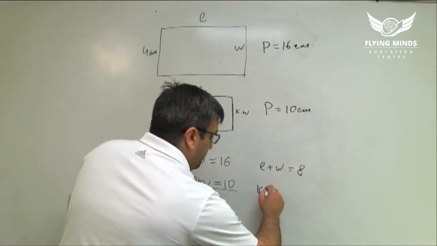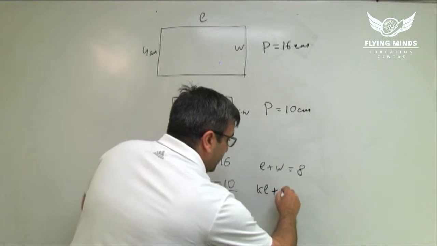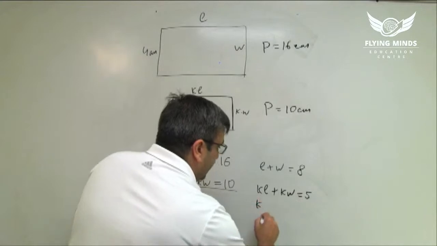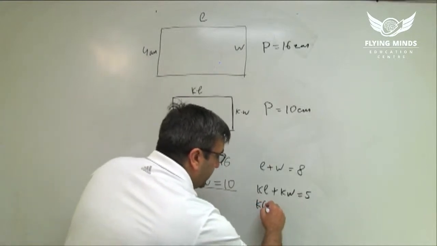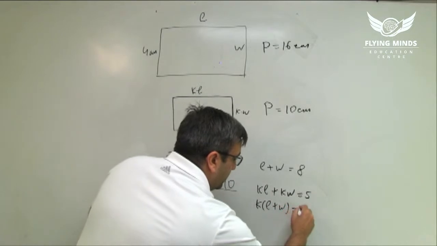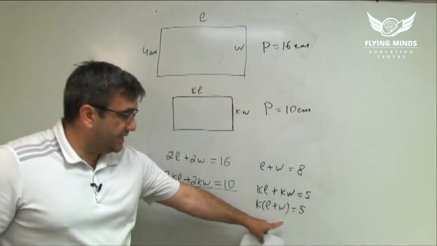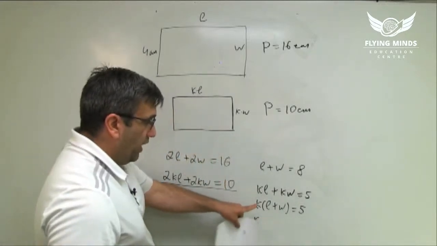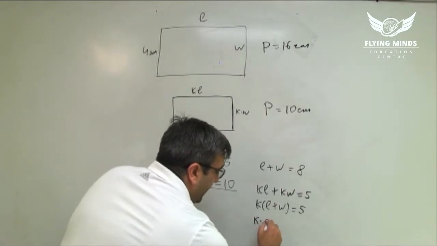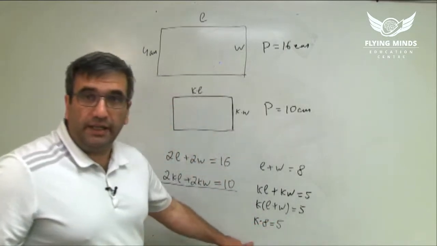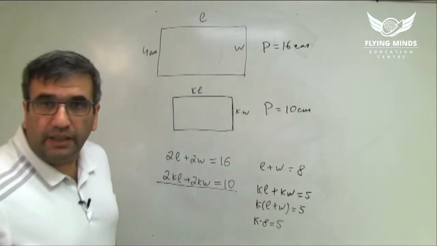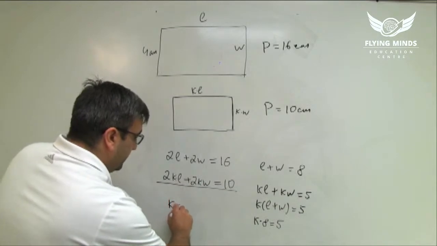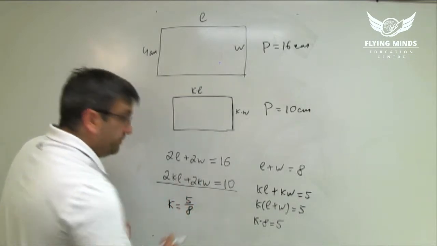So KL plus KW equals 5, and K we can take outside, factor it, equals 5. But L plus W equals 8, right? So it means that K times 8 equals 5. And from here, we can evaluate that K equals 5 over 8.